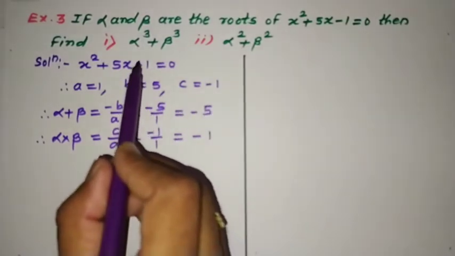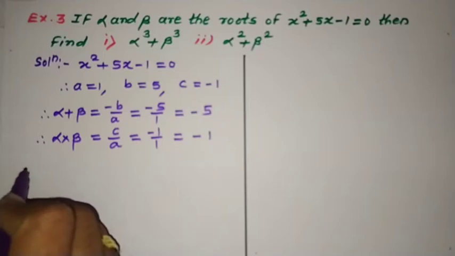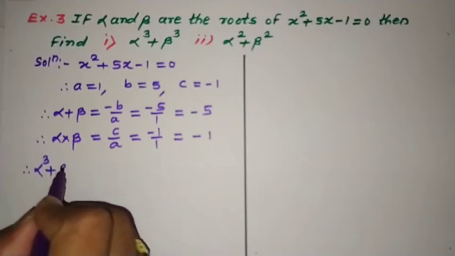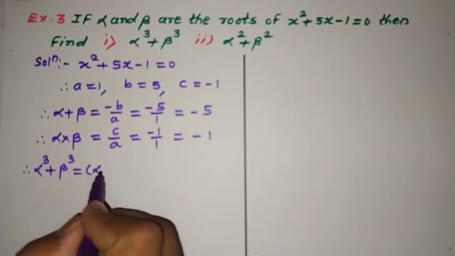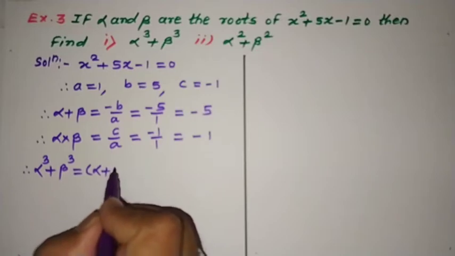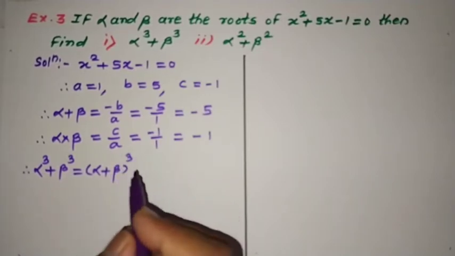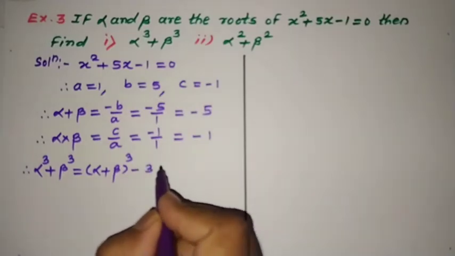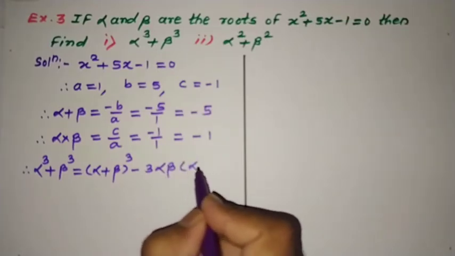Find the value of alpha cube plus beta cube. The formula for alpha cube plus beta cube is equal to alpha plus beta whole cube minus 3 alpha beta into alpha plus beta.